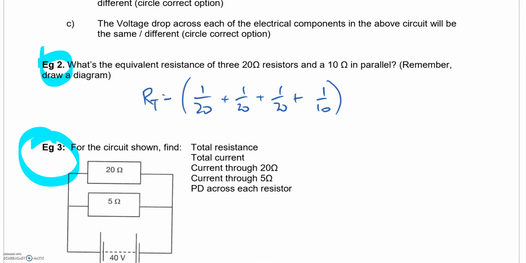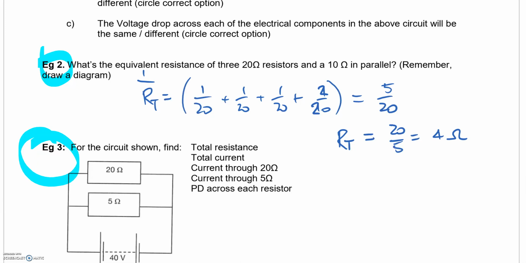The equivalent resistance is the inverse of all that. So 1/20th and 1/20th and 1/20th is 3 20ths plus effectively 2 20ths. What does that give us? 5 20ths.